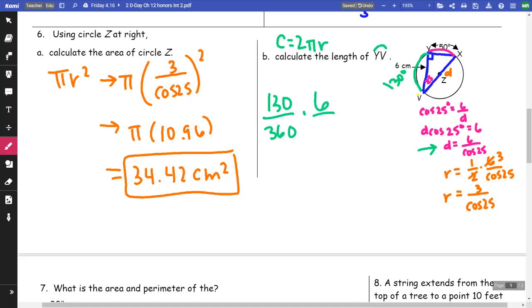So it's going to be 6 over cosine 25 times pi. And so let me just do that math. Okay, 6 divided by cosine of 25.